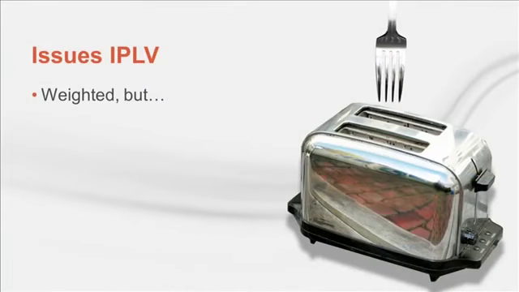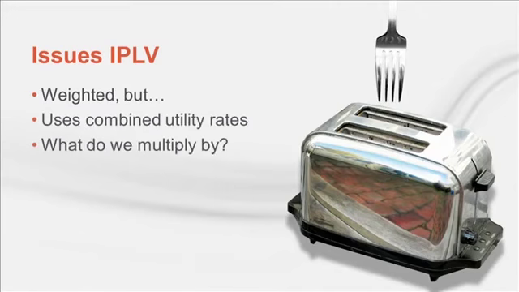At least it's weighted, but is the weighting right for your application in your climate? And we have the same issues as EQFH. We have to use a combined utility rate that doesn't account for demand, and what number of hours do we multiply by? Bottom line is it's inaccurate. And you can do better in 2016 than a back-of-the-envelope calculation to purchase a $200,000 chiller.